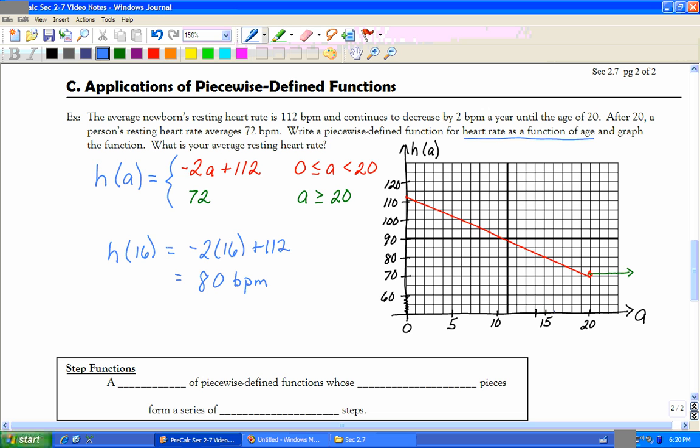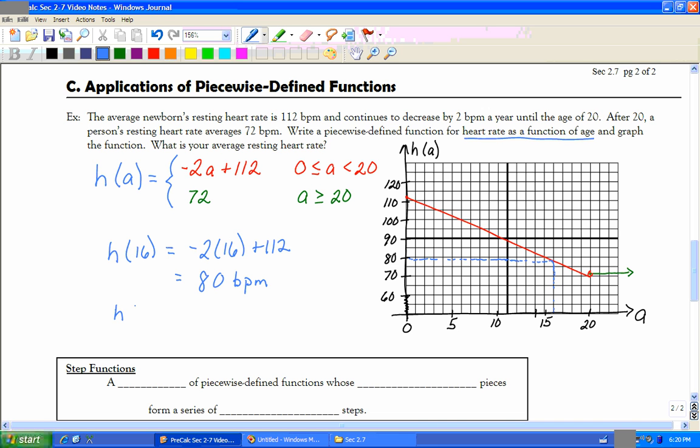And then you can also look at the graph. Here's 16. Go up to your graph, and there's your point. And then go over, and you can see with my graph, I'm just a little bit off. So that's where a graph is giving you more of an approximation, and the equation will give you the exact answer.